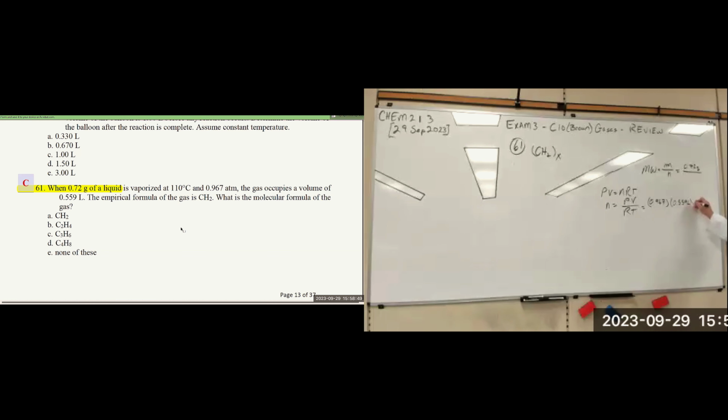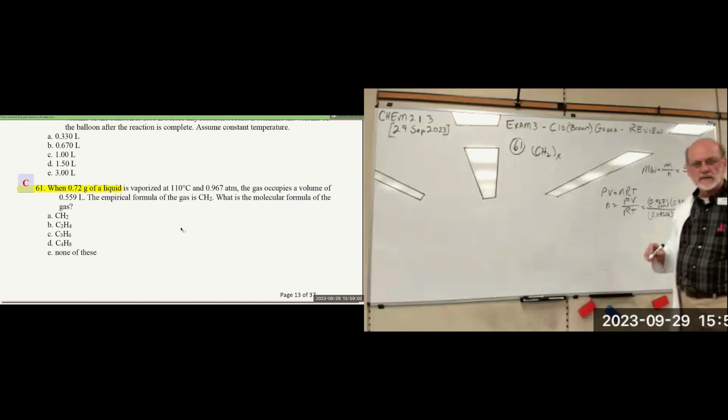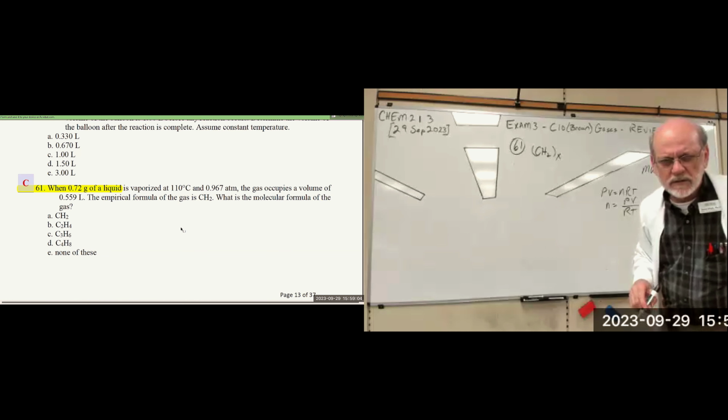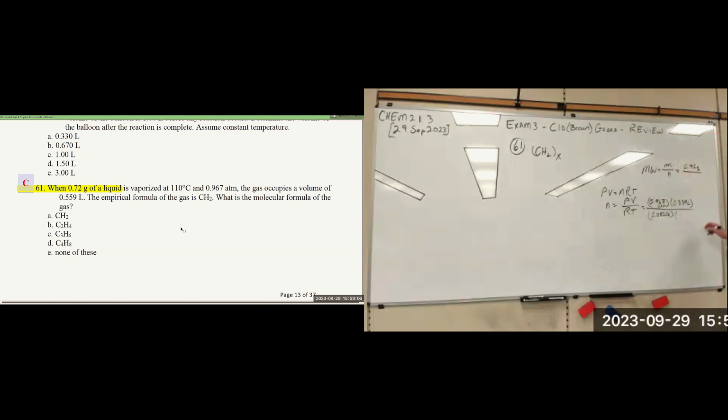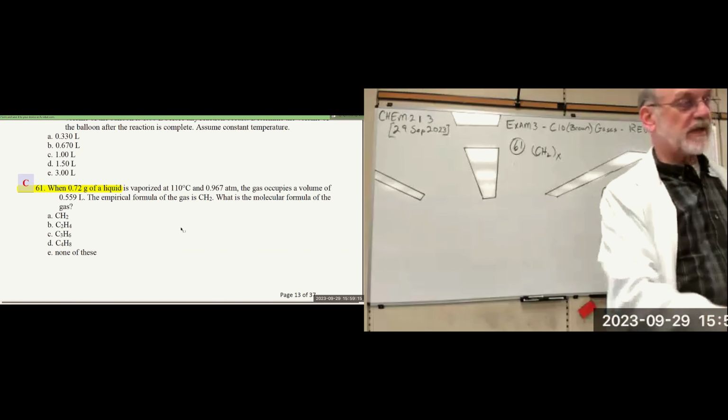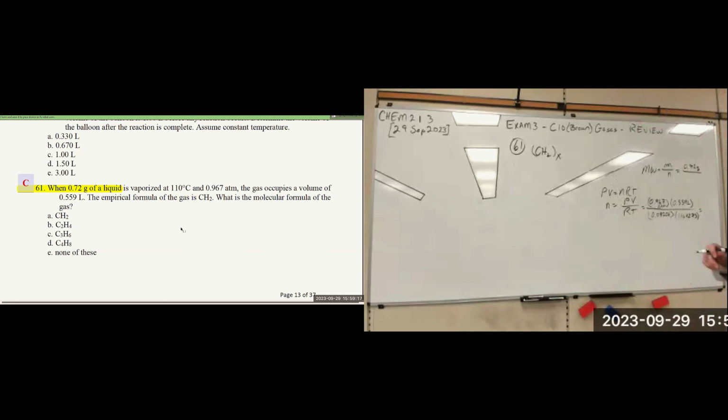We've still got the correct units, right, based on the R value. And then the temperature, 110 degrees, so 110 plus 273. That should give us the number of moles, and we can solve for the molar mass.